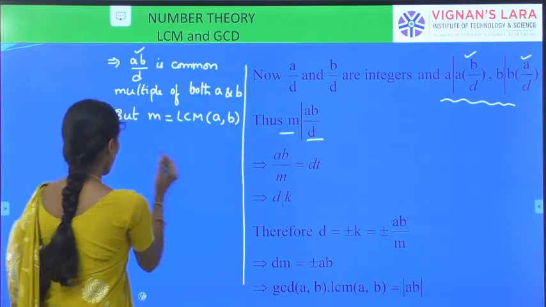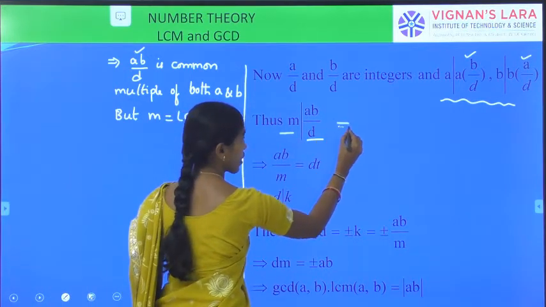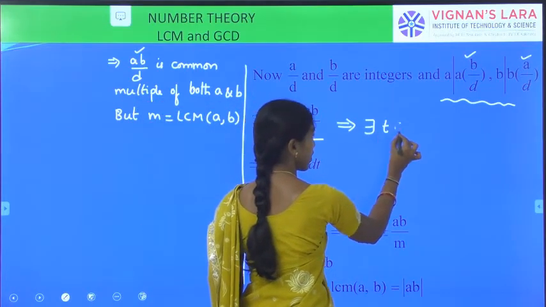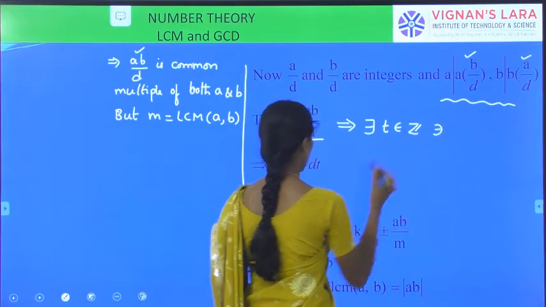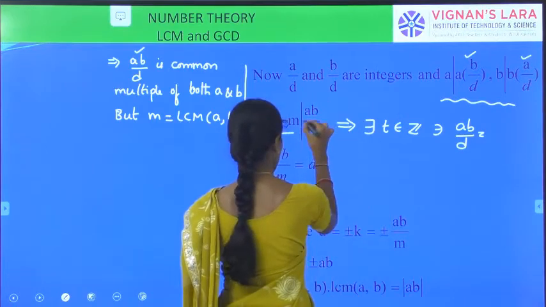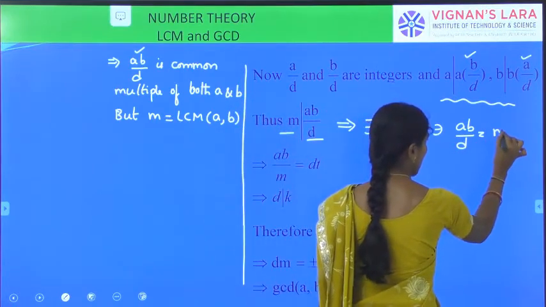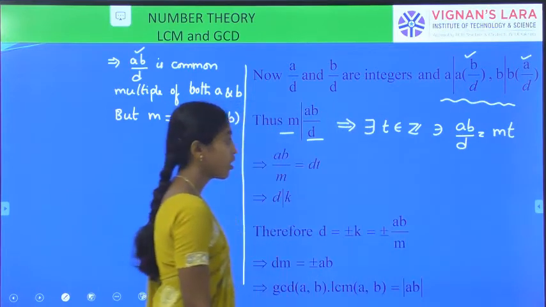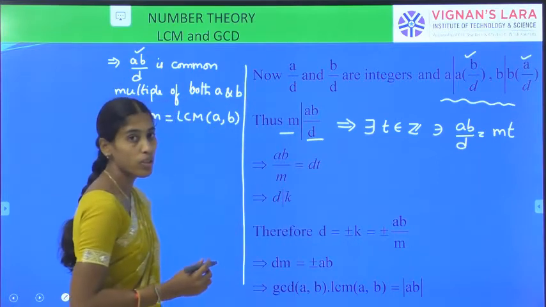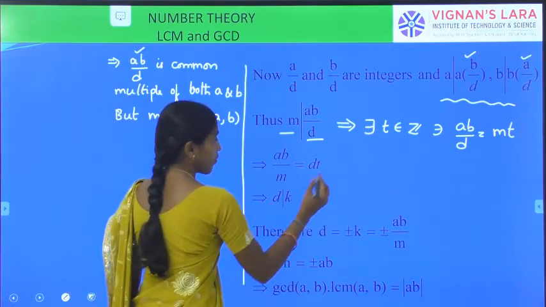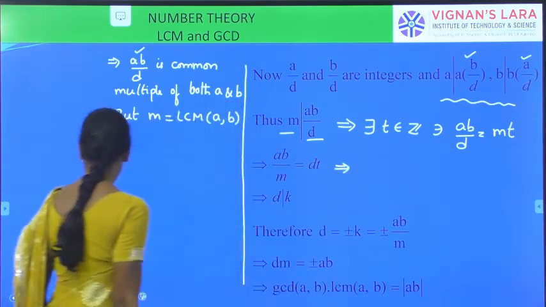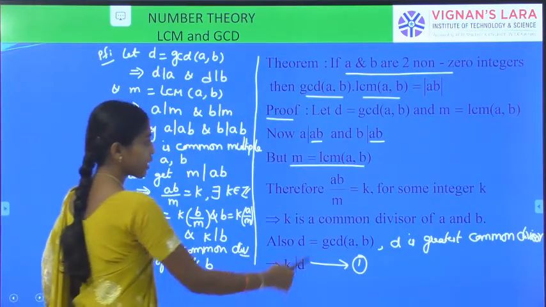Right? So, using the definition of divides, there exists some integer t such that AB by D is equal to, what is the LHS part? M into t. So, take this M to LHS, AB by M is equal to Dt. If you see the previous slide, what is K?